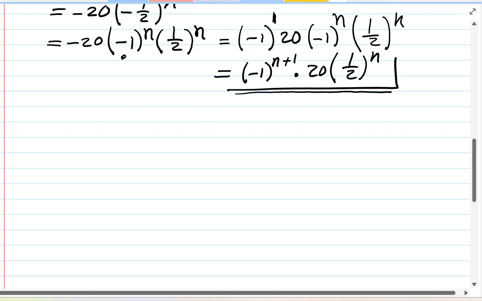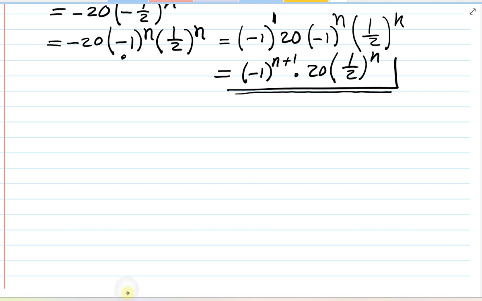Let's say I want to add a few terms of a geometric series now. So suppose my geometric sequence is 18, negative 9, 9 halves, negative 9 fourths, and so on. And suppose I want to find the sum of the first 5 terms.